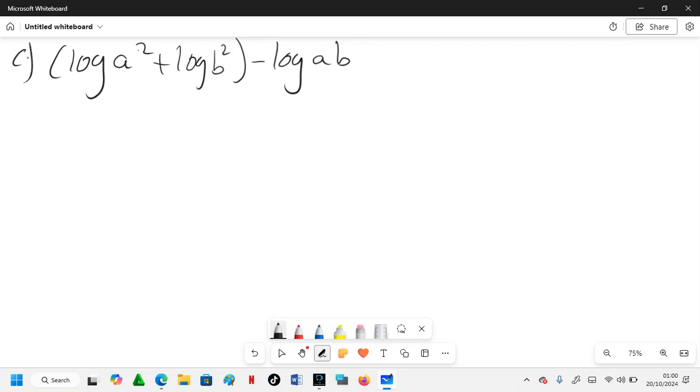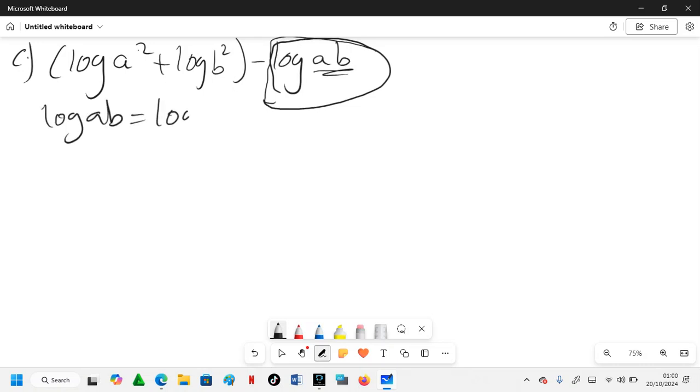The moment I see the powers there, you want to drop them, or if they are behind the log, you want to bring them up. So the moment I see log AB here, I know log AB must be equal to log A plus log B, right?